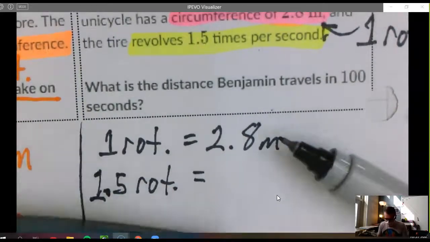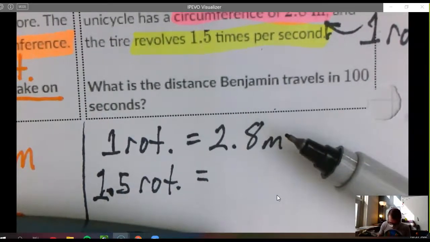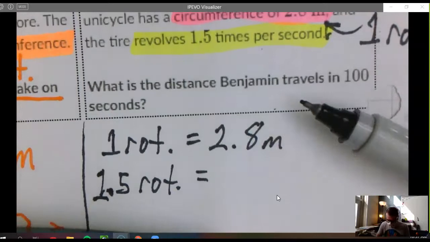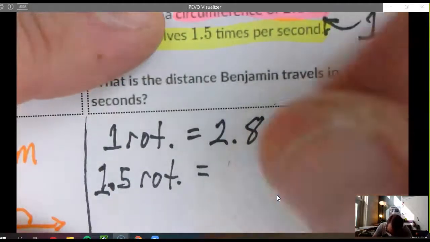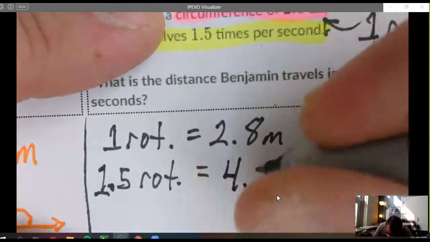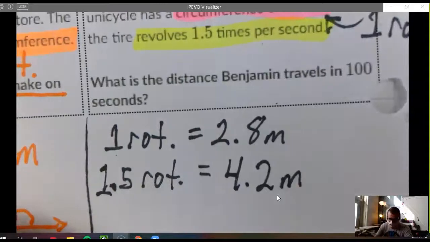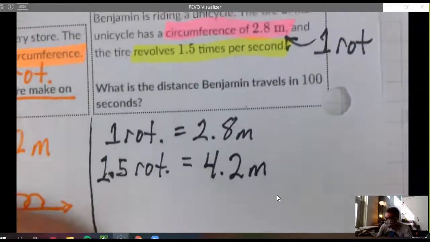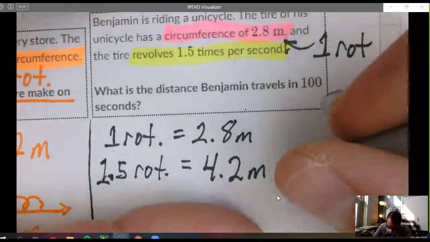So 2.8, grab your calculator, 2.8 times 1.5, what do you get? 4.2. And they said the 1.5 rotations happen every second.